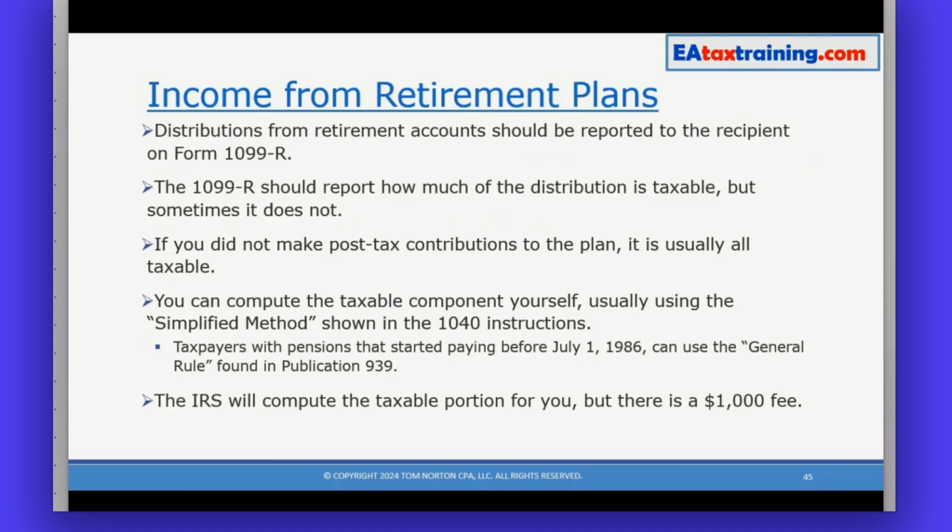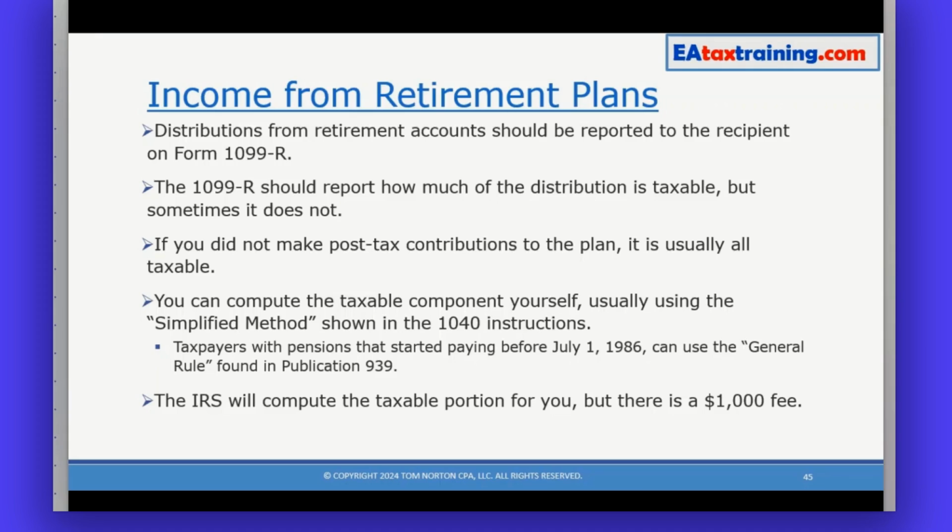Just remember, if you never made any post-tax contributions to the plans, then it's usually all going to be taxable. So if you had a traditional IRA, you never made any non-deductible contributions, or you had a traditional 401k plan at work, you never made any non-deductible contributions, then the whole amount is going to be taxable.